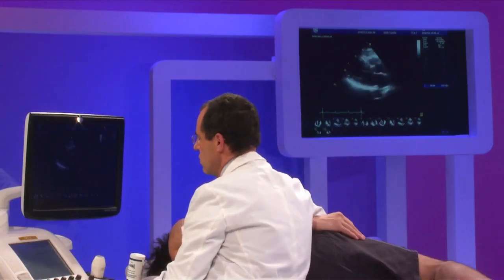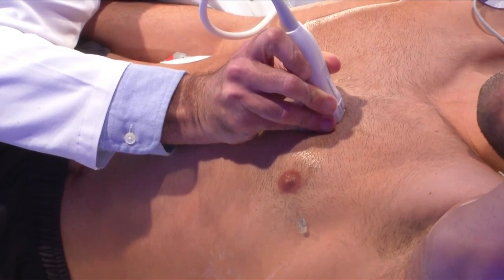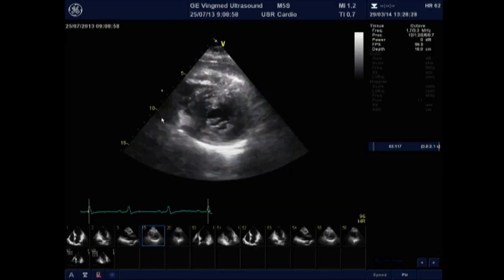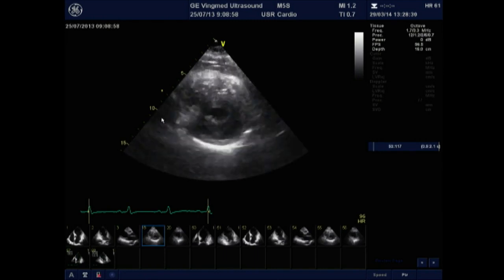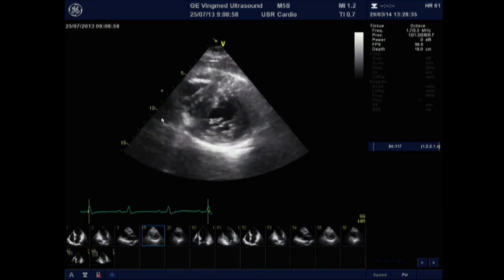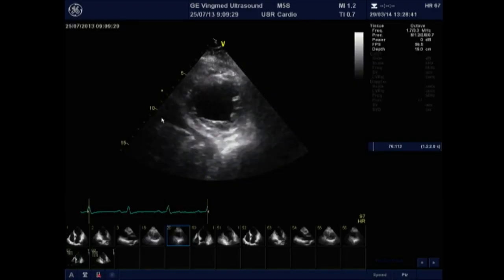Now I'm going to try to see just the short axis view at the level of the mitral valve, confirming that LV function at this level is okay. And now I'm going to the apex, and the function is severely depressed.